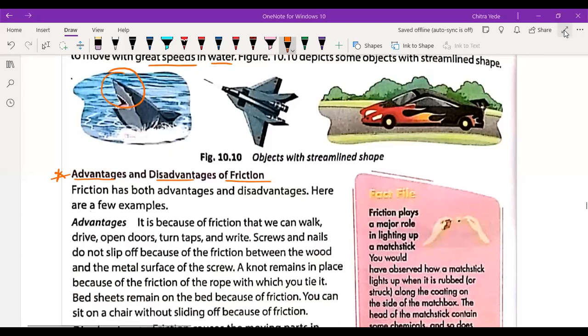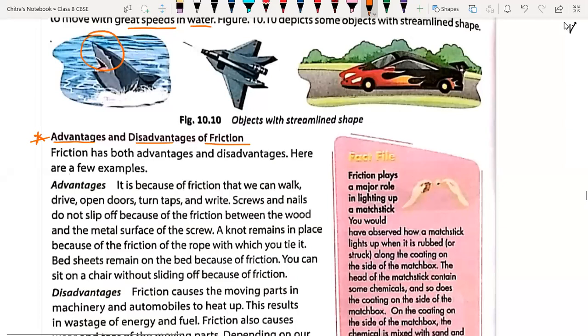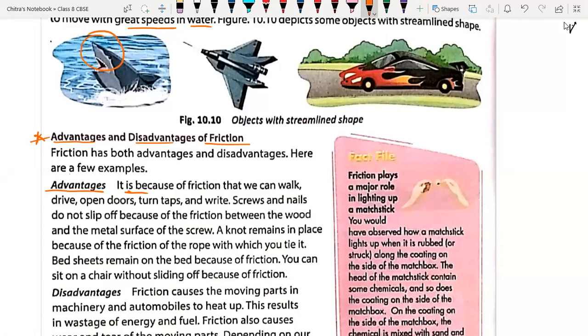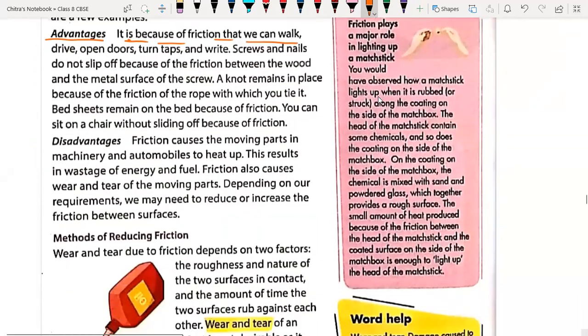Now, first we are going to discuss the advantages of friction. It is because of friction that we can walk on the road. We can drive, open doors, run taps, and write also. Whatever activities we can perform, it is due to friction only.